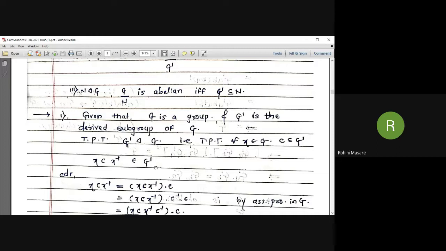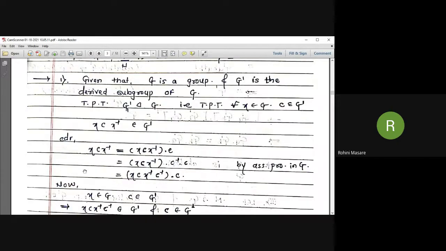Then G dash is automatically a normal subgroup of G. For this, consider x c x inverse, which is equal to x c x inverse into e. Then we can write e as c inverse into c. Then by using the associative property in G, x c x inverse c inverse into c.